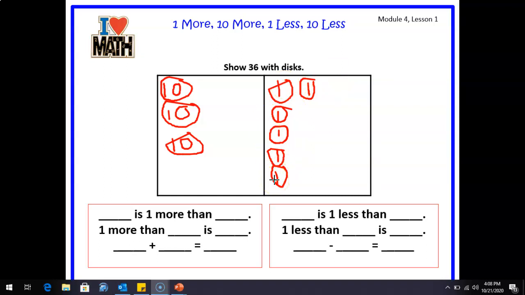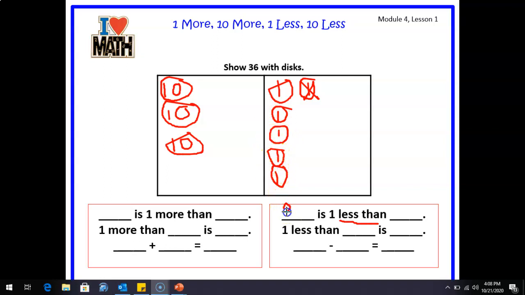I'm showing you 36. I want you to show me 1 less. So I'm going to cross out 1 less. And since I'm using 1 less, I took away 1. I'm going to use a sentence starter frame that says less than because I took away. So I can say, let's look at how many I have left. I have 10, 20, 30, 31, 32, 33, 34, 35.